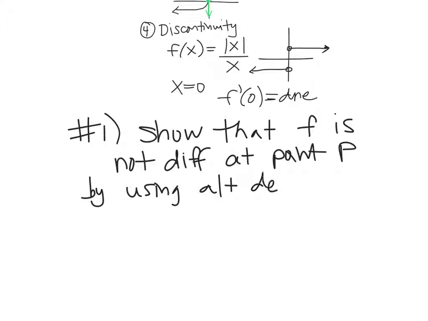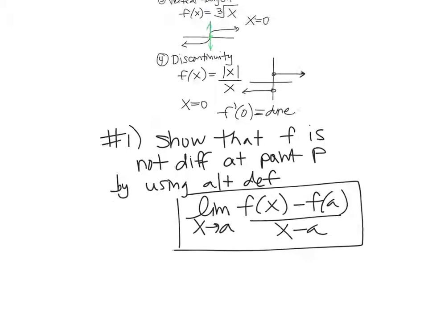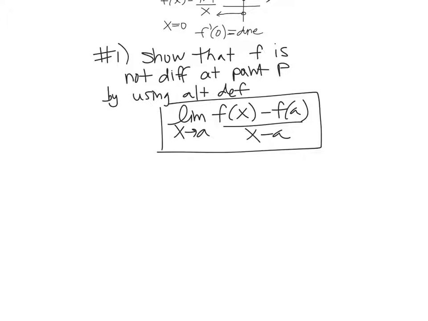And if you're wondering what the alternate definition is, that's the one that is the limit as x goes to a, f of x minus f of a over x minus a. We're going to use that to show that our graph is not differentiable at a point.